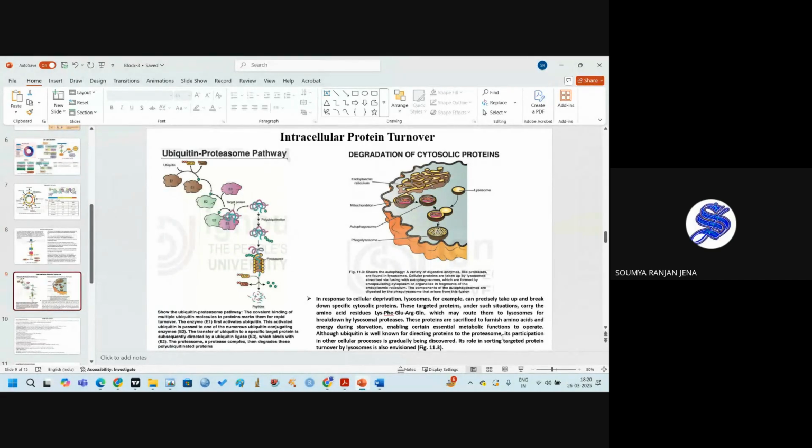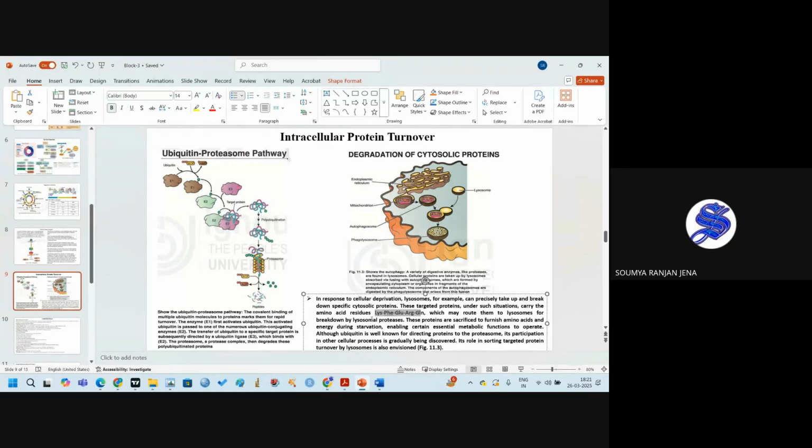During cellular deprivation or starvation or any other stress condition, the cell can take up and break down specific cytosolic proteins for energy production. These targeted proteins carry particular amino acid residues, here in place of the ubiquitin tag, lysine, phenylalanine, glutamic acid, arginine and glutamine.